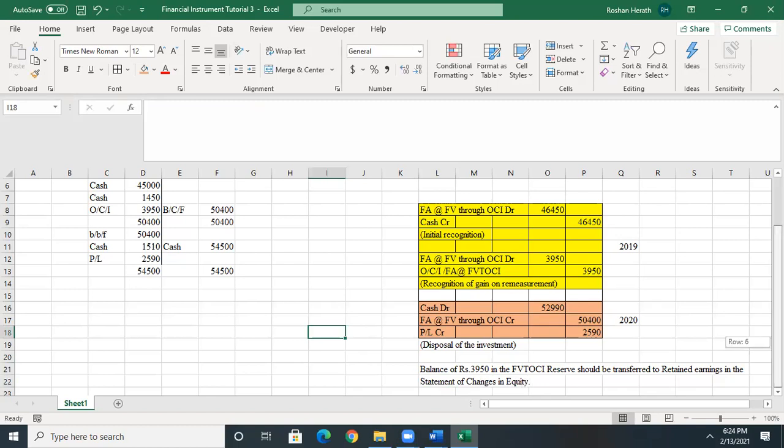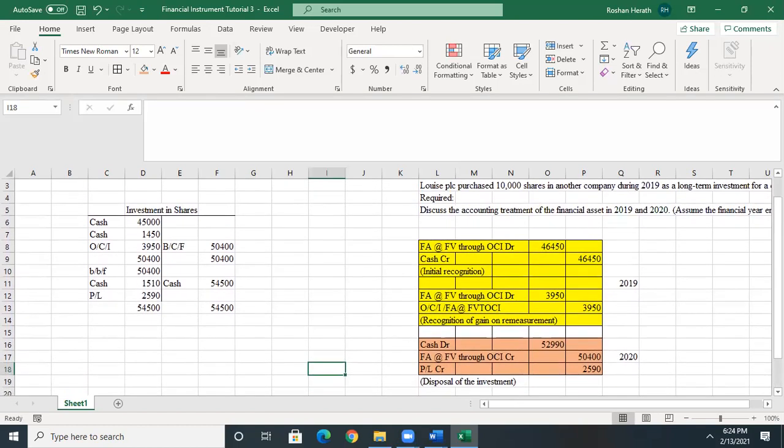So most of the time, in the case of the examination, you may be asked to provide the journal entries. So you can do that, or even sometimes you may be asked to provide none of these, as we witnessed in the last class. It may be the extracts from the financial statements.